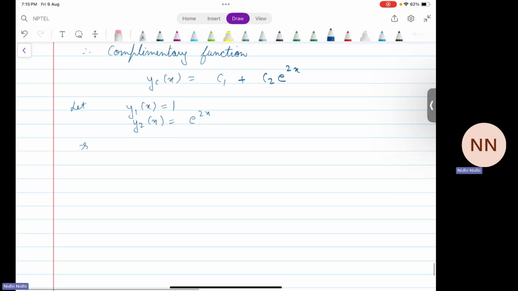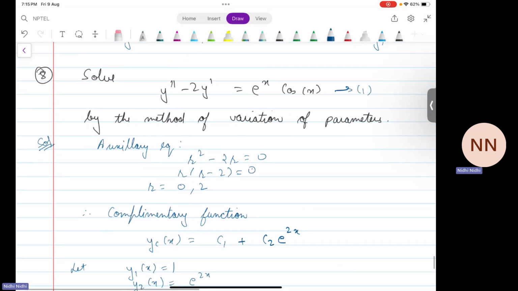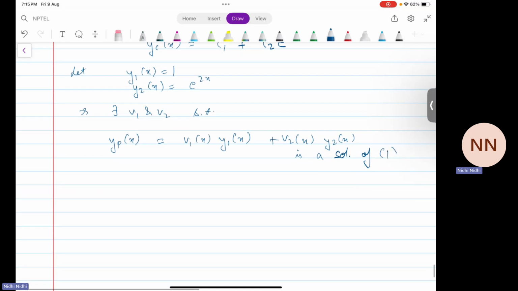There must exist some v1 and v2 such that ypx is equal to v1x y1x plus v2x y2x is a solution of equation 1.